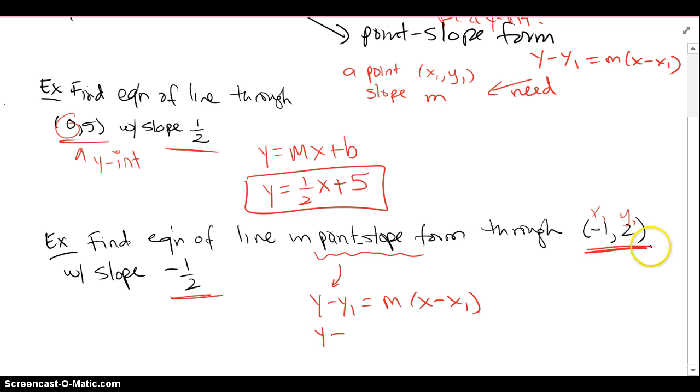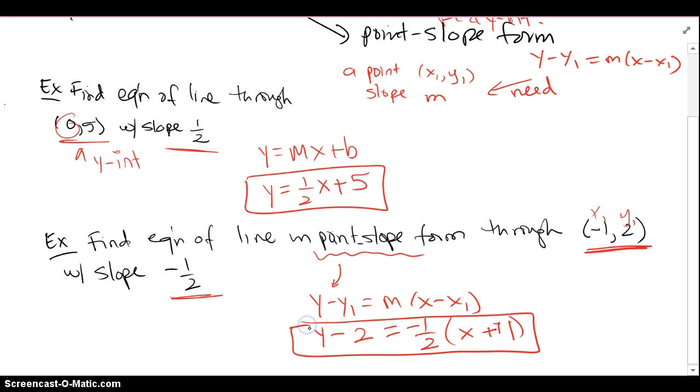Y minus 2, since y1 is 2, equals m, which is -1/2, times x minus x1, which in this case is -1, and double negatives make a positive. So this is the equation in point-slope form, and it's good to note that the equation in point-slope form is not unique. It depends on what point the line goes through. And I don't have to simplify any further because it said give it to me in point-slope form.